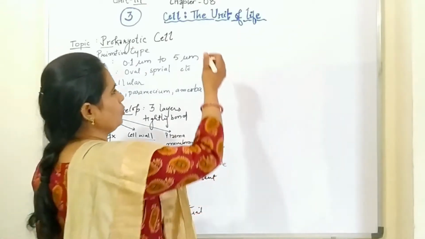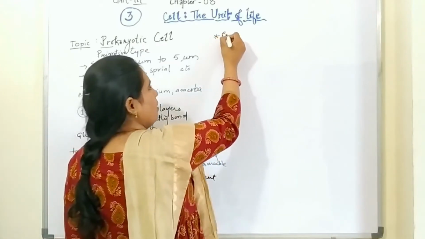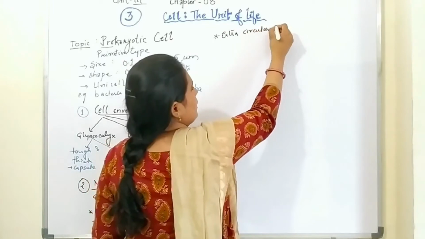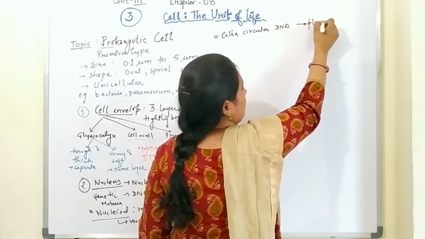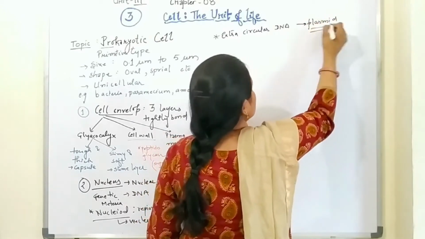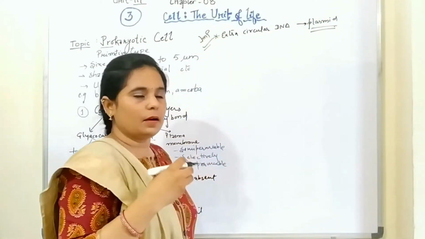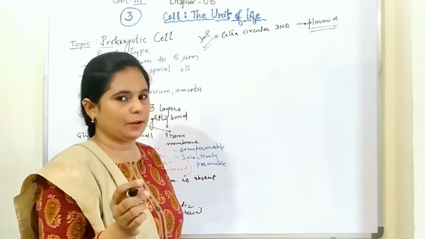Now apart from the nucleus, you will see one extra circular DNA which is called a plasmid. Please remember kids, this is a very important topic. About plasmid, in detail you are going to study in standard 12 in biotechnology.